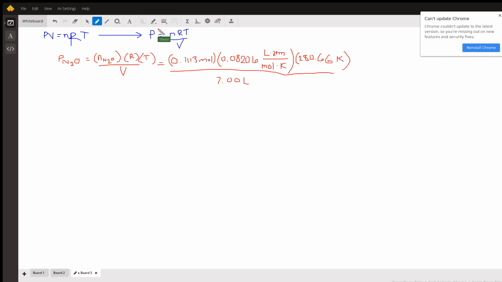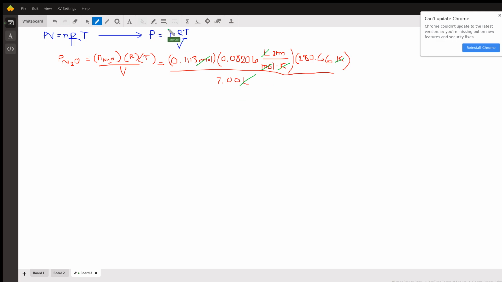Now, I want you to pay attention to how the units cancel out in this case. So moles here cancels out with the moles in the denominator of this constant. Liters in the constant will cancel out with liters at the denominator. And then Kelvin and Kelvin cancel out.